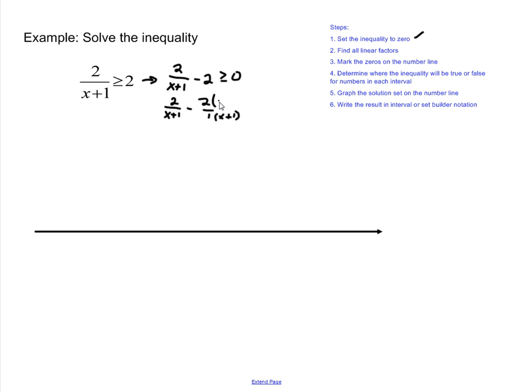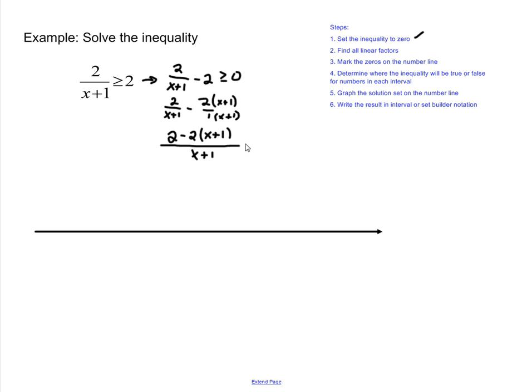So I'm going to multiply by x plus 1 everywhere. When I do that, I get 2 minus 2 times the quantity x plus 1 in the numerator divided by x plus 1.